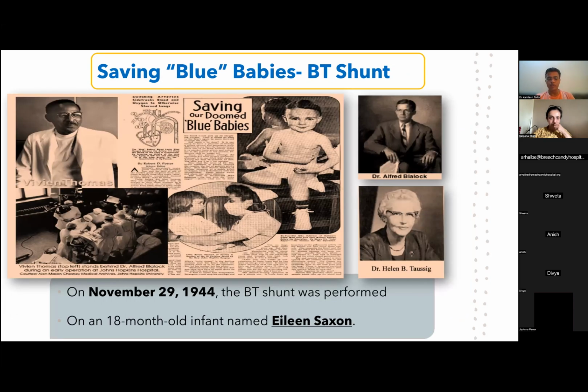This slide is very important for all of us practicing in pediatric cardiac care, because it changed the treatment aspect of pediatric cardiac surgery, and anesthesia as well. Initially tetralogy was labeled as blue baby, and with a lot of research, the pediatric cardiologist Dr. Helen Taussig and the surgeon Alfred Blalock kept discussing it in their lab in the presence of Vivian Thomas, who was assistant to Dr. Alfred Blalock.